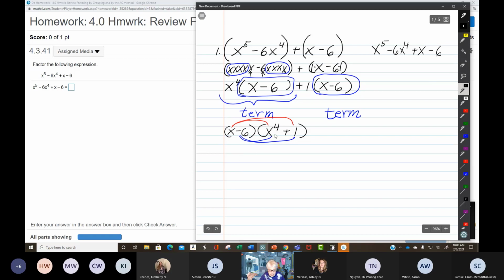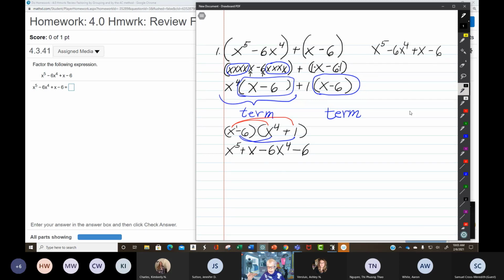And that will give me x to the 5th. x to the 1 times x to the 4th is x to the 1 plus 4, which is x to the 5th. And x times plus 1, that'll be plus x. And negative 6 times x to the 4th, that's minus 6x to the 4th. And negative 6 times positive 1 is minus 6.